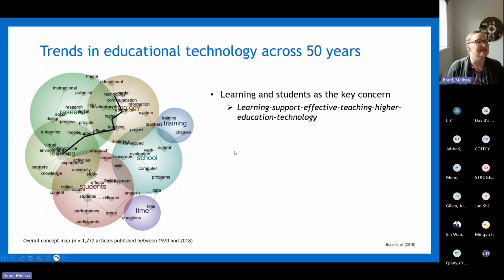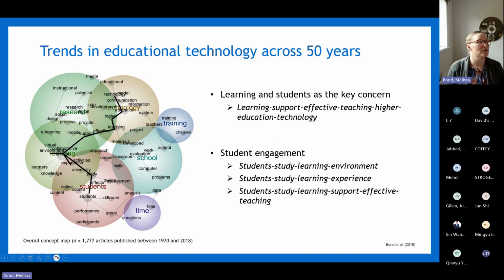It was able to identify that learning and students were the key concern through these particular pathways. And it looked at how students were engaging in the learning environment, in their experiences of teaching and learning, and how effective teaching was able to help support those processes.